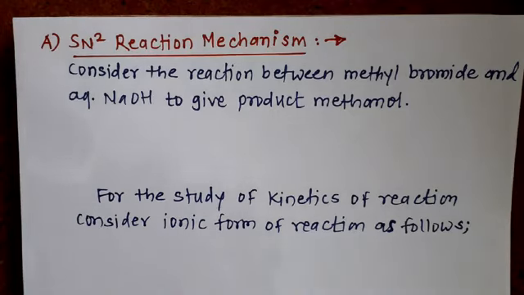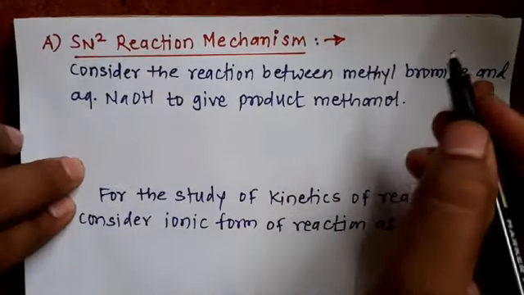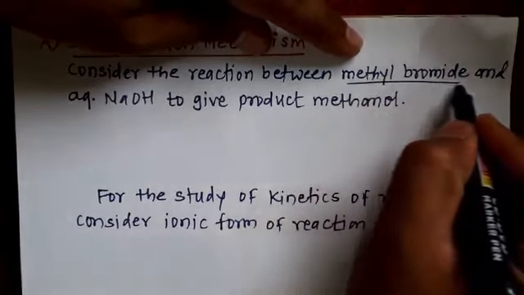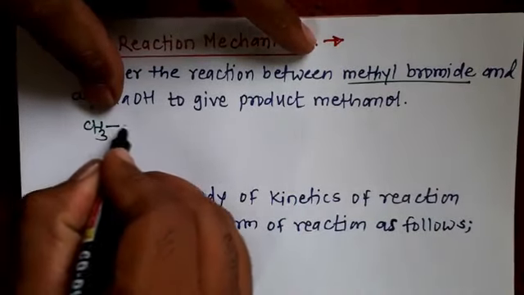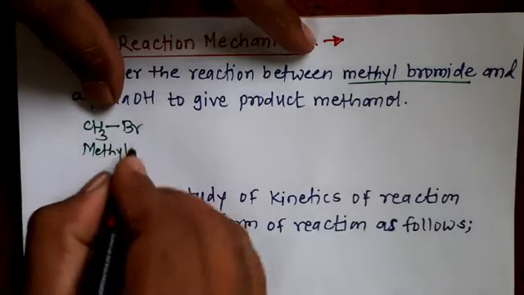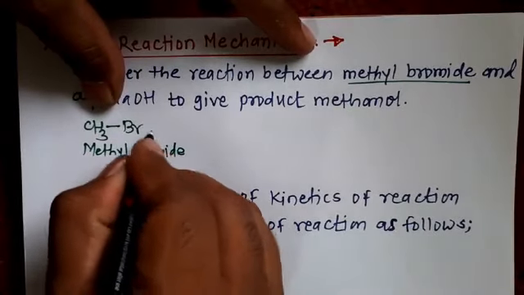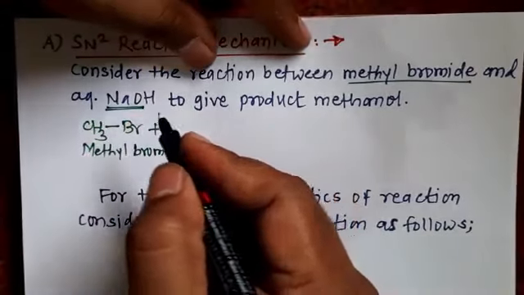We should write this reaction as there are two reactants. One is methyl bromide, that is CH3Br, and this methyl bromide reacts with aqueous NaOH.